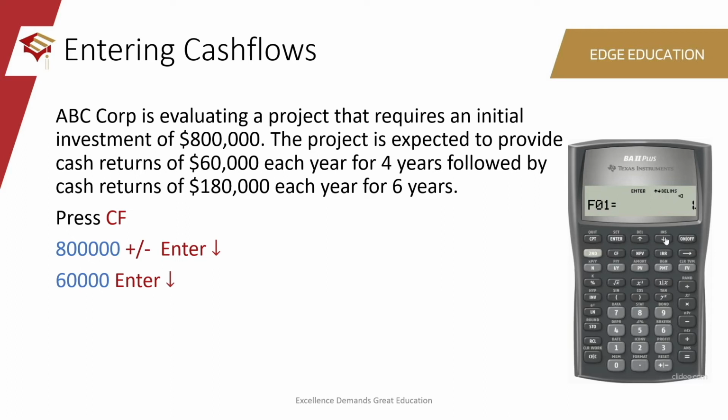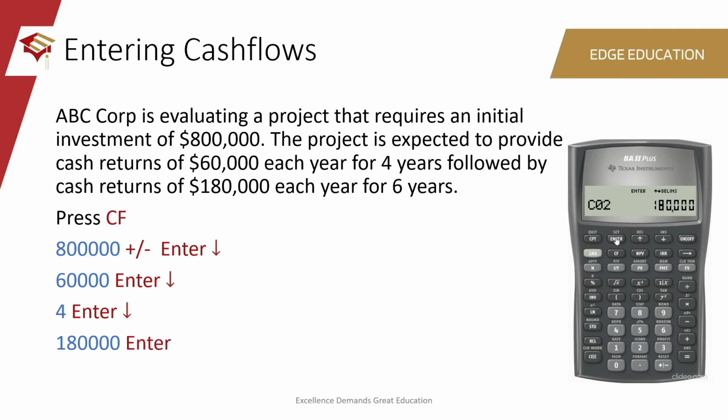You should be able to see F01. F stands for frequency, where you can indicate how many times the first cash flow you specified has occurred. In this case, since 60,000 is expected to occur 4 times, we'll go ahead and type 4 and press the enter button on top. We'll then press the down arrow key and we'll type our second cash flow, which is 180,000.